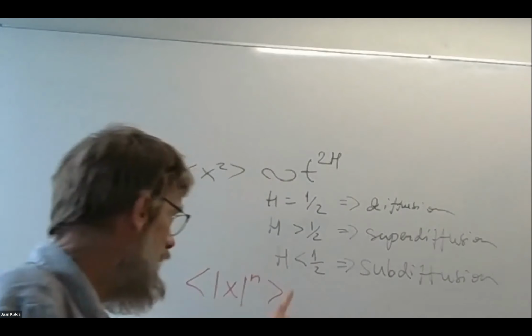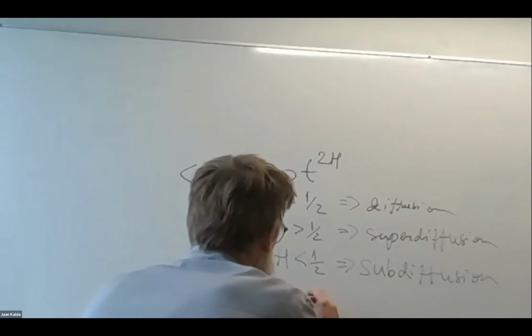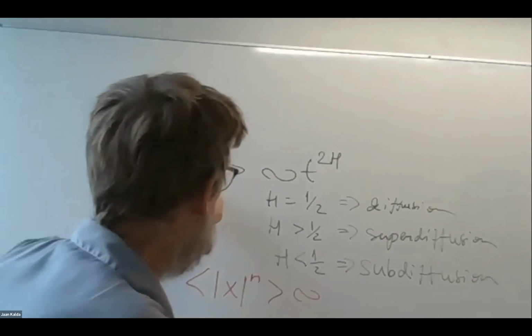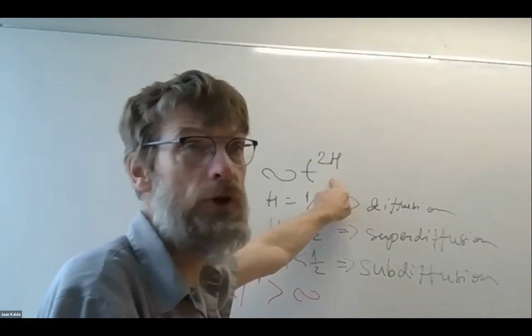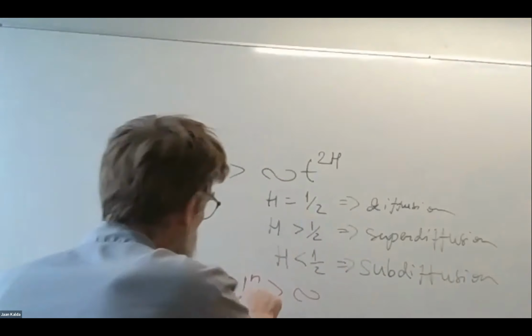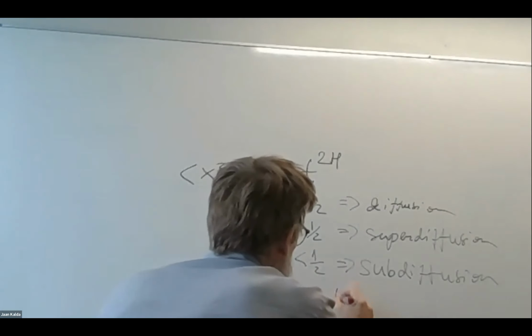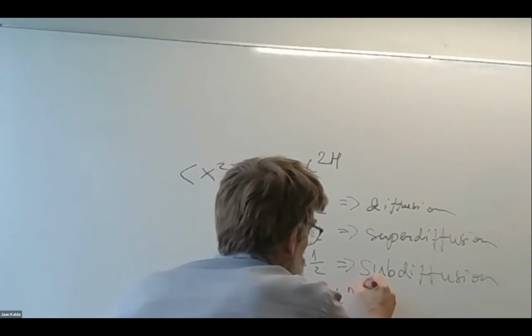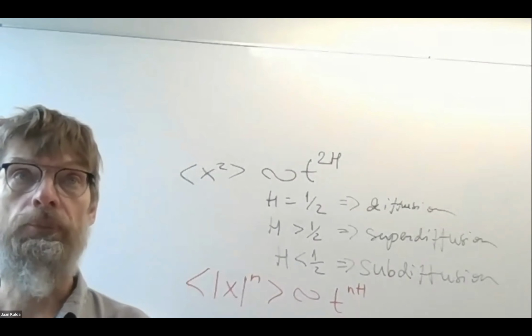Now if we have ordinary diffusion, then if x squared goes as t to 2h, then the modulus of x goes as t to the power of h. If we take this to the power of n, it goes as t to the power of nh. That's what you expect, and that's exactly what happens if you have diffusion.